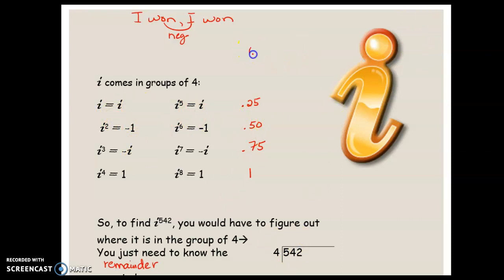Whenever they ask you what is i to the 798th, you can divide that straight out. 798 divided by 4 gives you 199.5, another 2/4. So that means it's going to be another -1. i to the 542 is, in fact, -1 also.